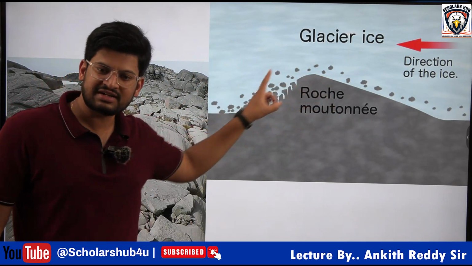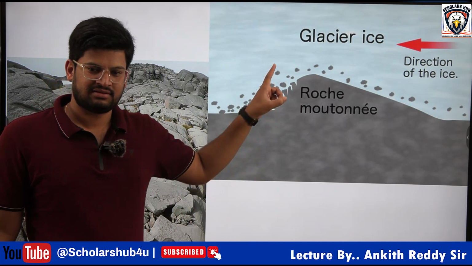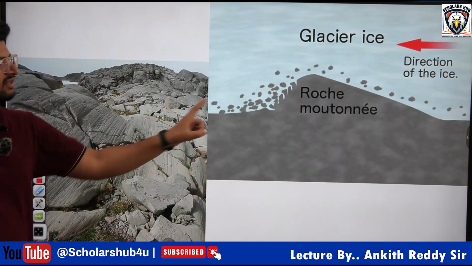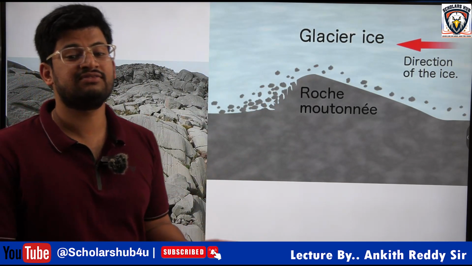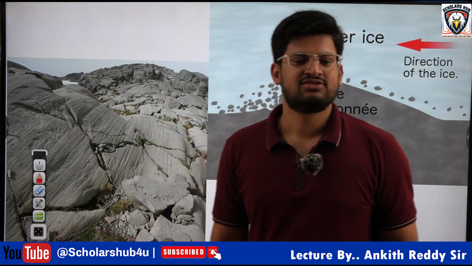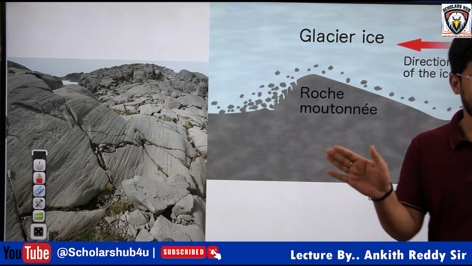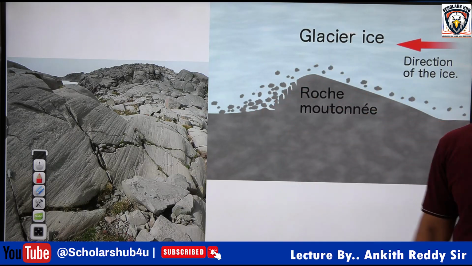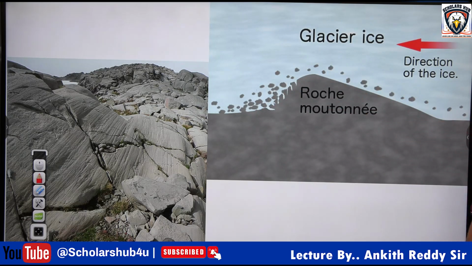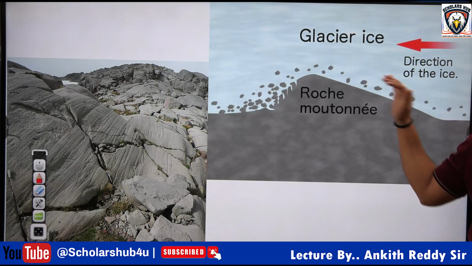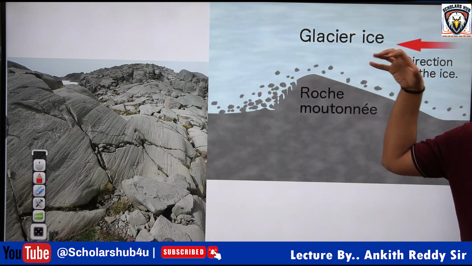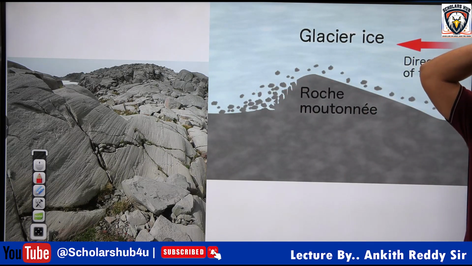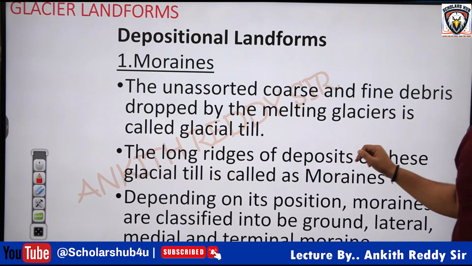One side smooth, other side rough. This is nothing but a Roche moutonnée. A Roche moutonnée is an erosional feature of a glacier. So wherever there are mountains in the glacial movement path, the upstream side is smooth and the downstream side is rough. Why? On one side it scratches, on the other side it plucks. Clear? Understood what a Roche moutonnée is?